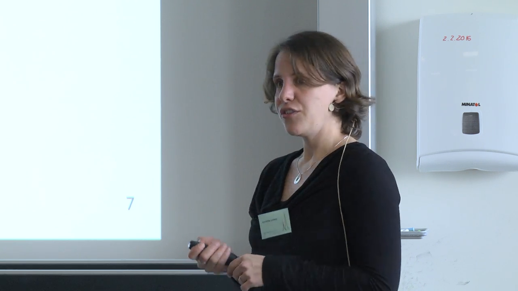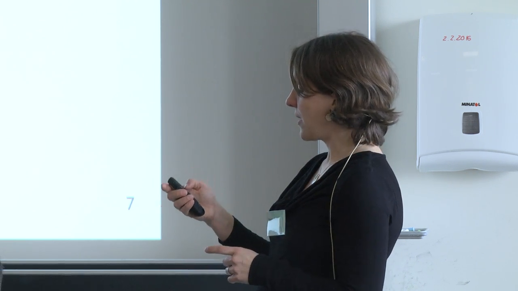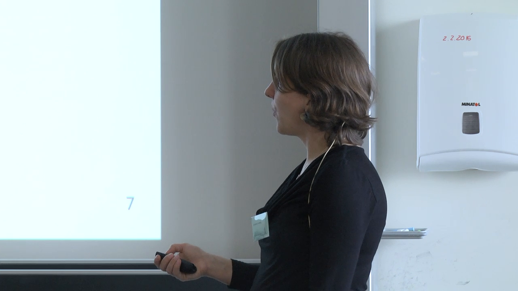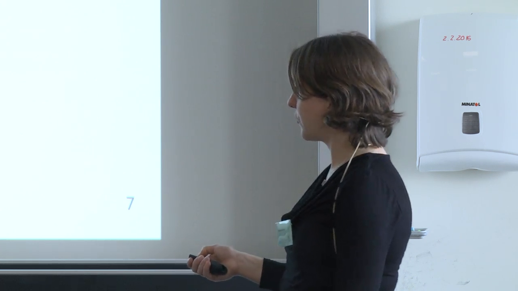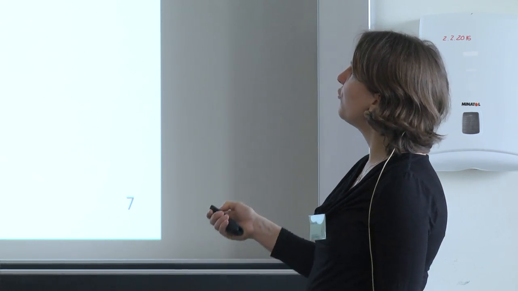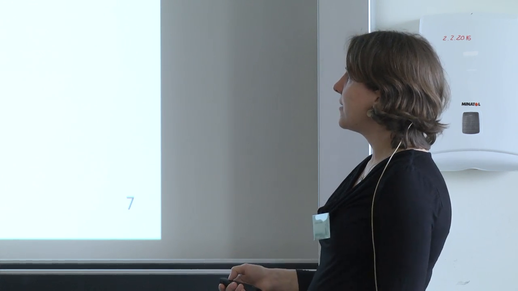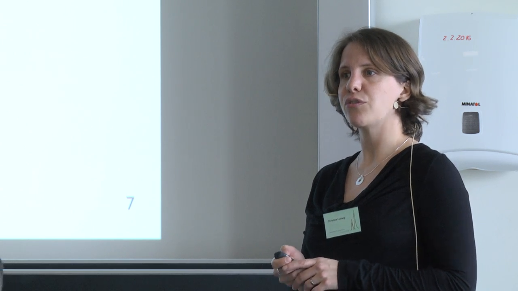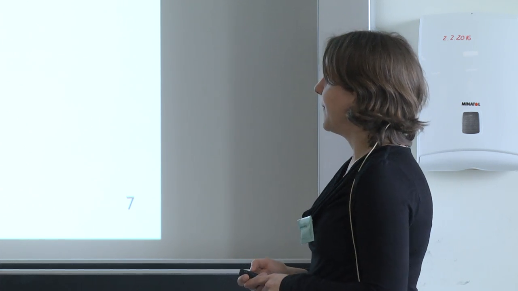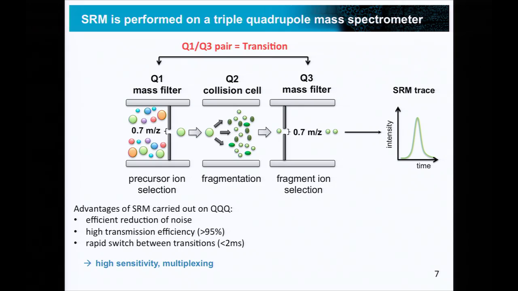So what are the advantages of working with triple quadrupoles and doing such an SRM experiment? One advantage of the triple quadrupole is that you have these 2 filtering steps. You are filtering for a specific ion twice, and this is why you can quite efficiently reduce the noise in your measurement. And this is why with SRM you can measure quite sensitively different analytes in your sample that are present at quite different concentrations. Then a quadrupole is a very good mass analyzer in terms of transmission efficiency.